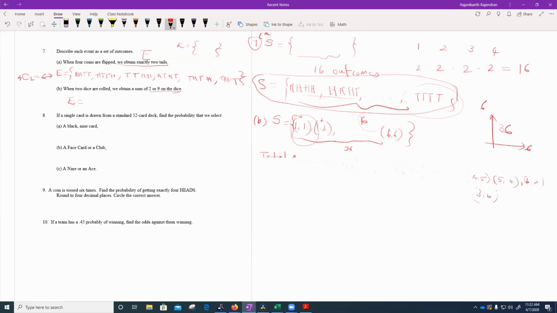Anything else? No. So these are the outcomes for number 9, and this is the outcome for number 2. Combine all the outcomes and put them into your event E. So my event E is 1, 1, 4, 5, 3, 6, 5, 4, and 6, 3.